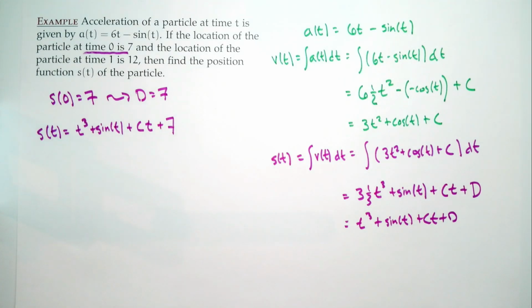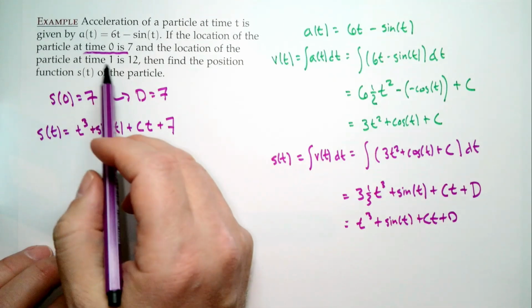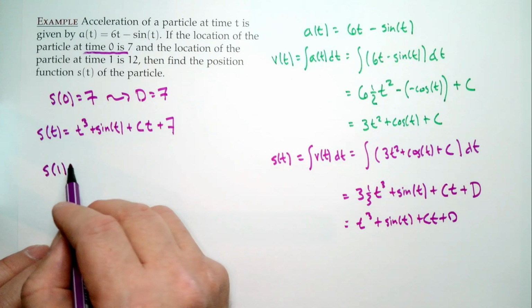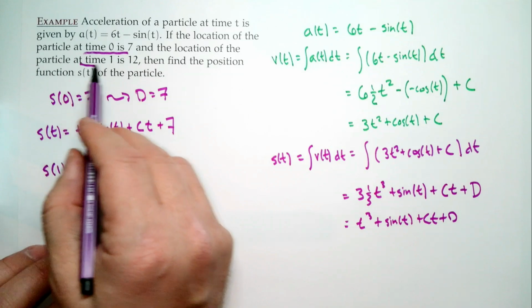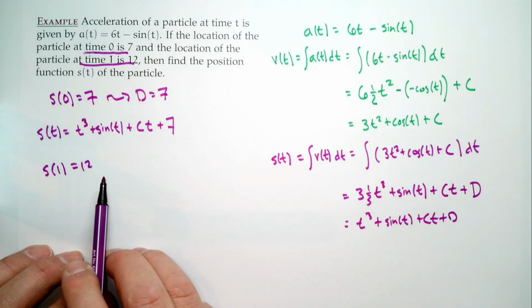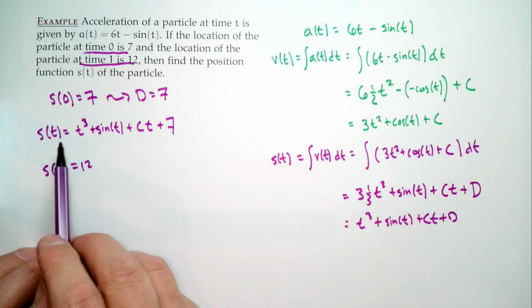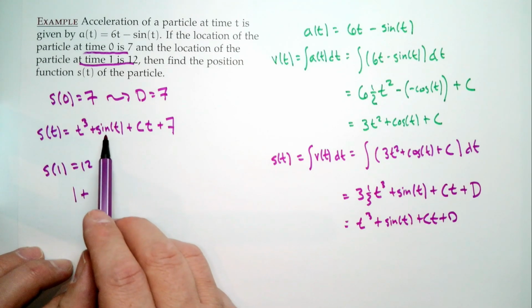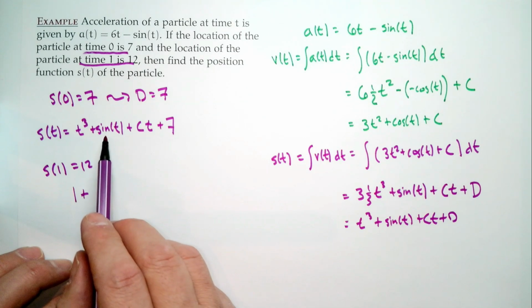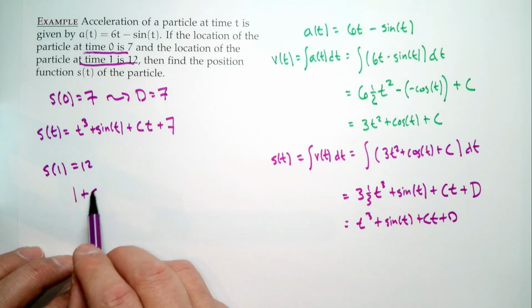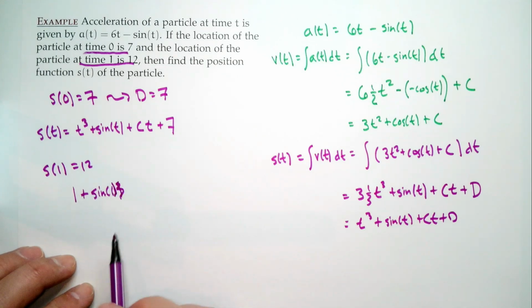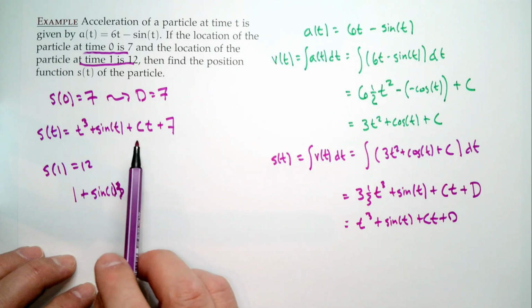Now what's my other piece of information I know? The location at time 1 is 12. So if I plug in 1, I get 12. All right, so let's plug in 1. When we plug in 1, we get 1 plus sine of 1. Can't simplify that.